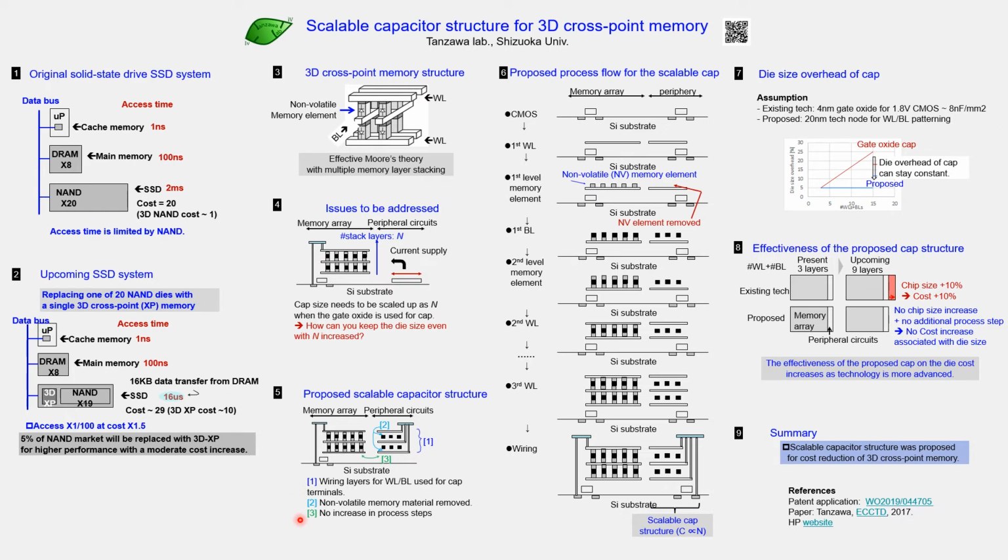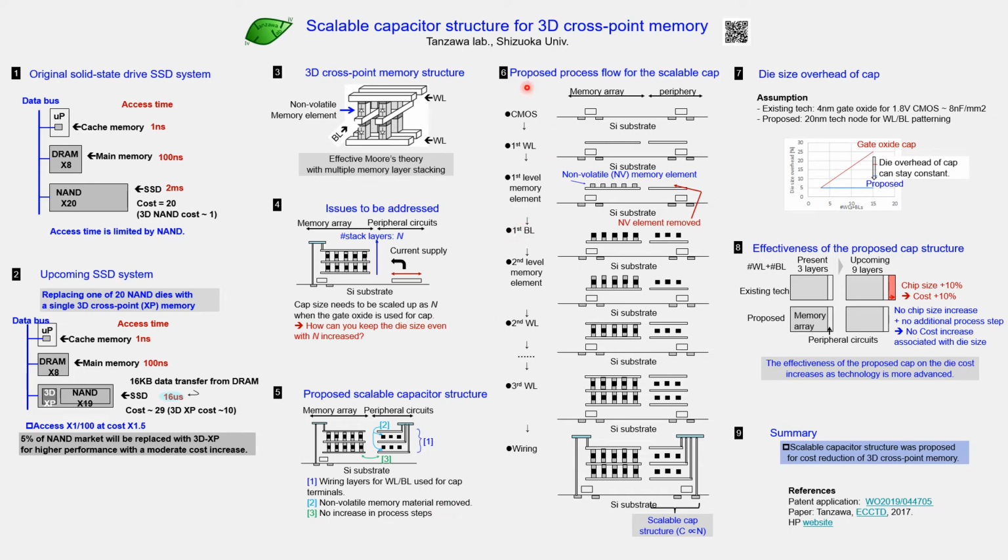So the requirements are like this: wiring layers for word lines and bit lines used for capacitor terminals, non-volatile memory material removed, no increase in process steps. The last item is the ideal case. So probably the target is to minimize additional process steps for making this structure in the periphery area.